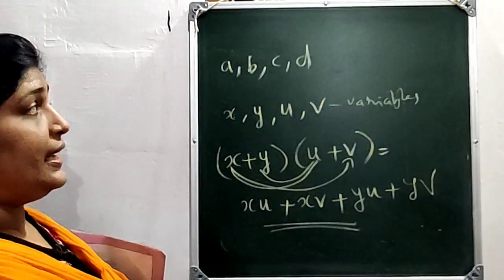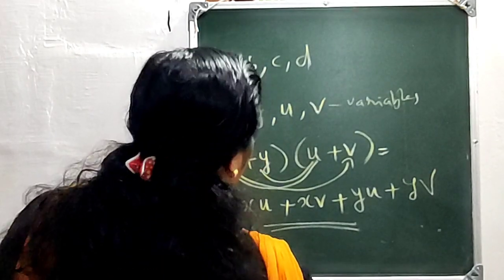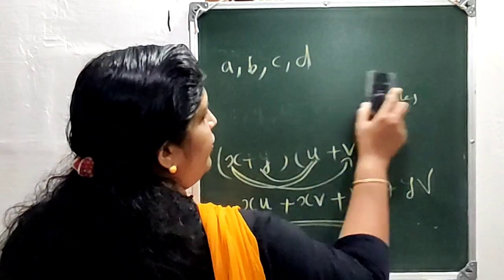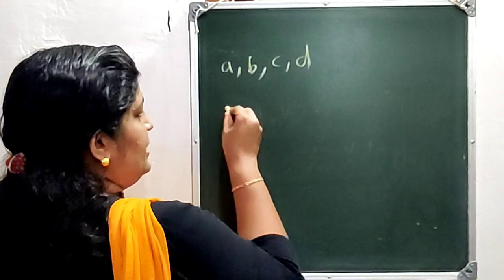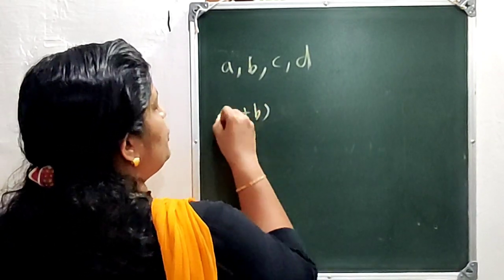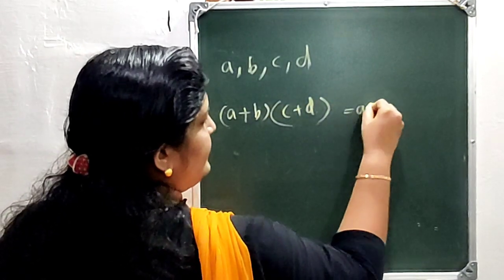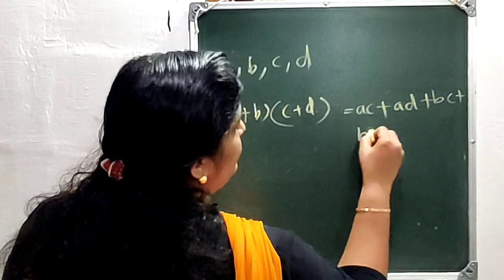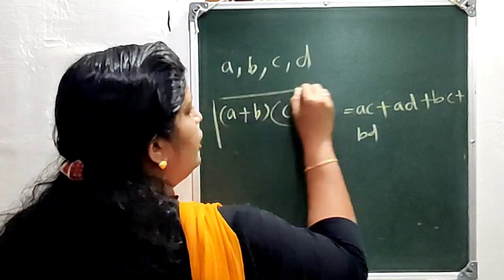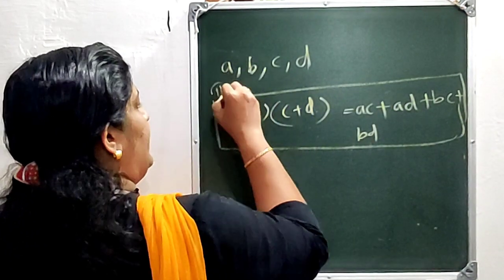This is our second identity. For ease, here I am going to write the identity using the variables a, b, c, d: a plus b into c plus d is equal to ac plus ad plus bc plus bd. This is our second identity.